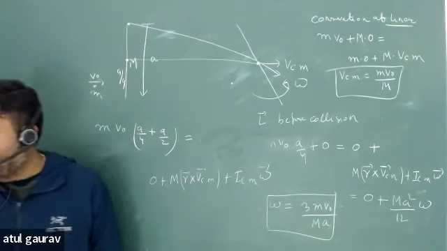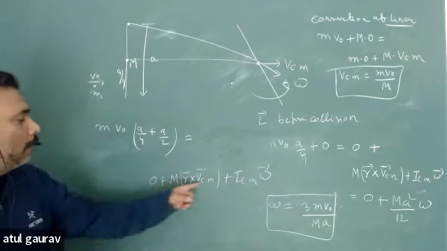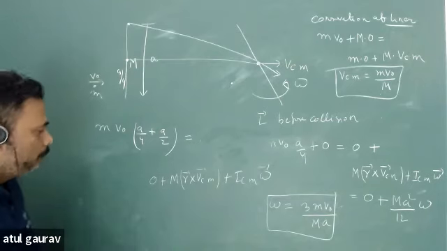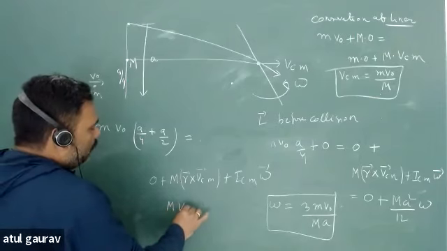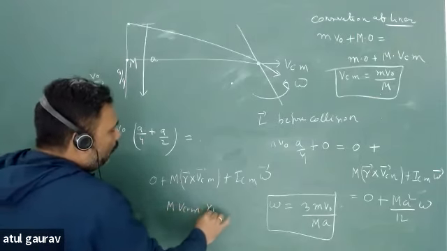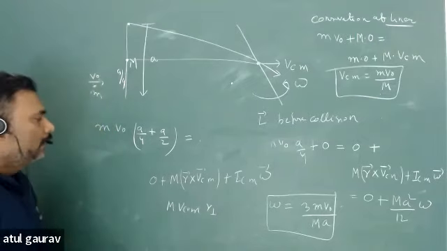Yes or no? Yes, sir. Now, what will be M R cross VCM? So that value is equal to M VCM into perpendicular distance. यही तो होगा.